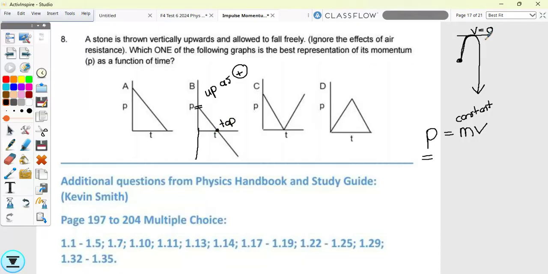And then it's going to be speeding up, speeding up, speeding up until it hits the ground. But now it's going negative, and momentum does have a direction because it's in the same direction as the velocity. So it's going to look exactly like a VT graph for a vertical motion object that we did in the previous section. So don't think it's this.